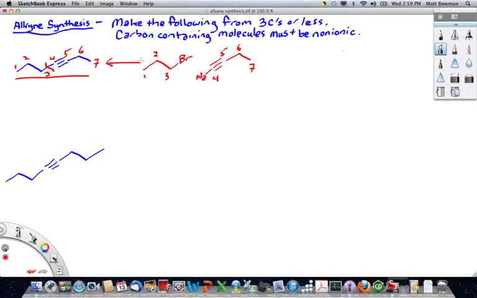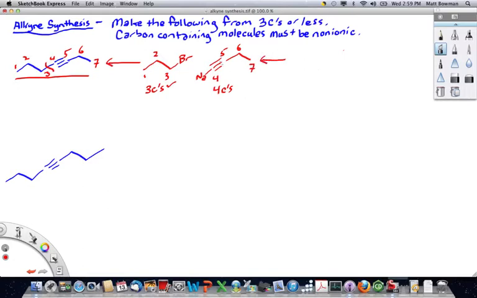Now, this molecule here has 3 carbons, so it obeys the first rule of having 3 carbons or less, and also this is not an ionic compound. So this molecule is good to go. We can use it. This molecule, on the other hand, has 4 carbons, so we have to make it. We cannot stop. We have to keep going.